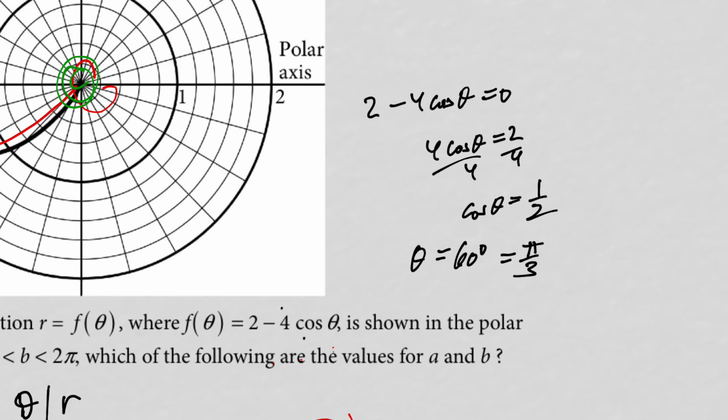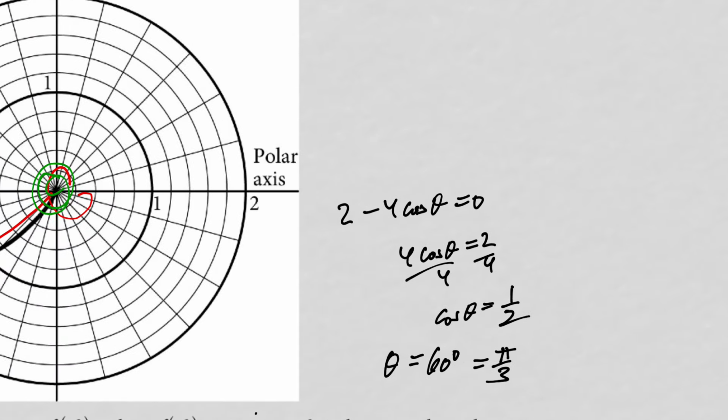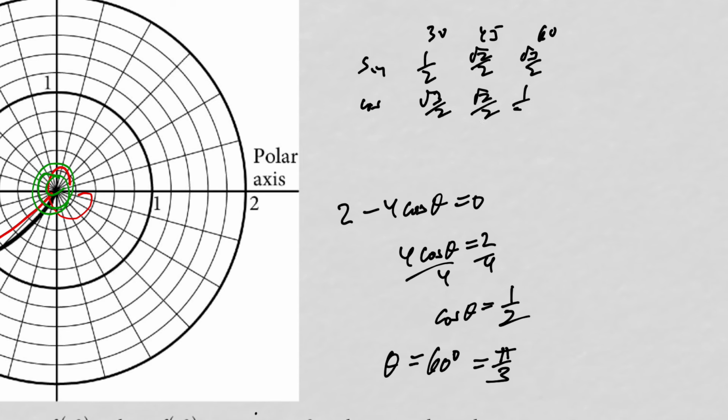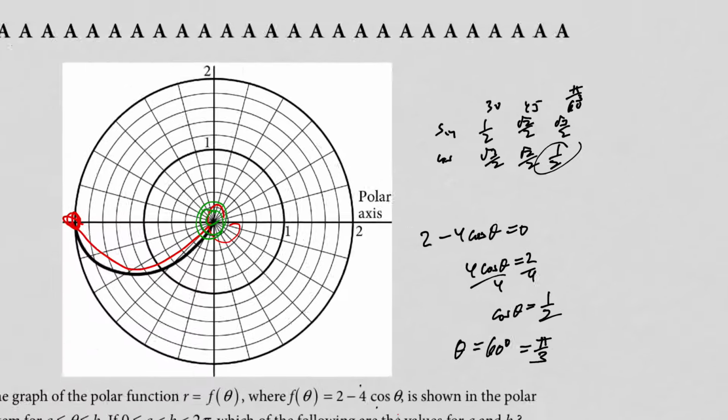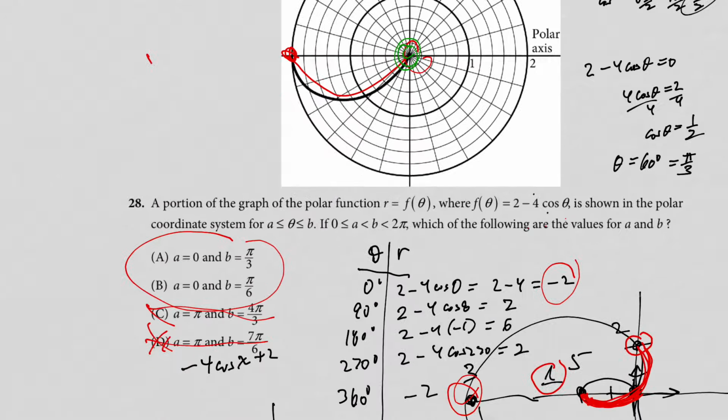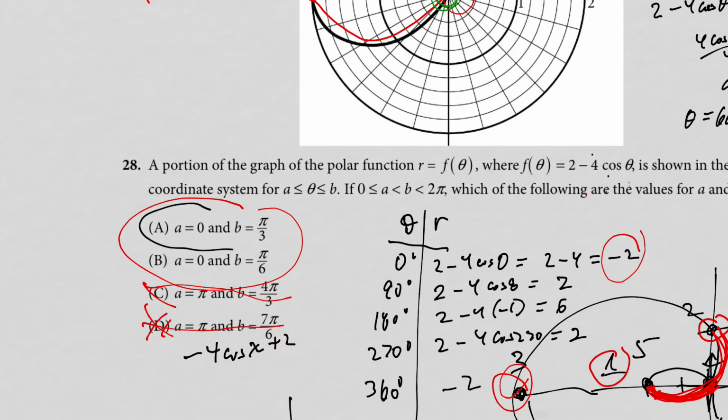Earlier in this video, I made the famous chart, which is 1/2, radical 2 over 2, radical 3 over 2. So it's cosine of 60, which is also pi over 3 in radians. And that is why the answer is choice A. And that does it for this video.